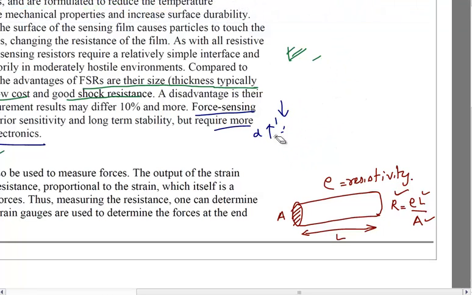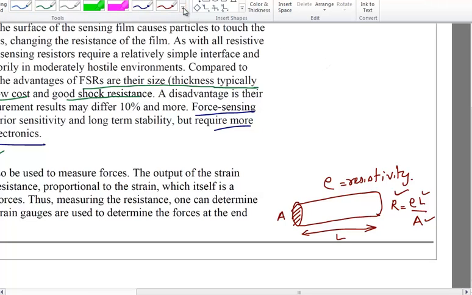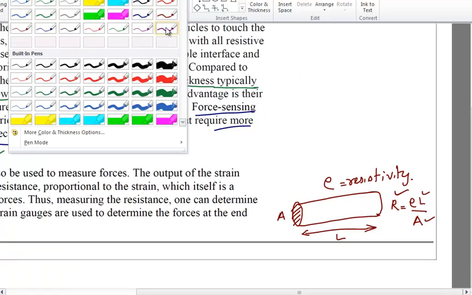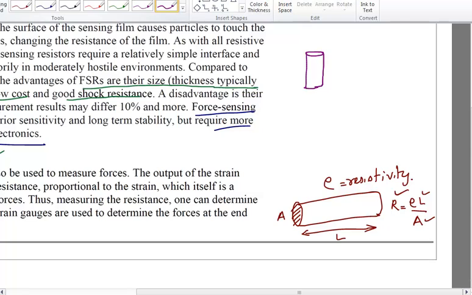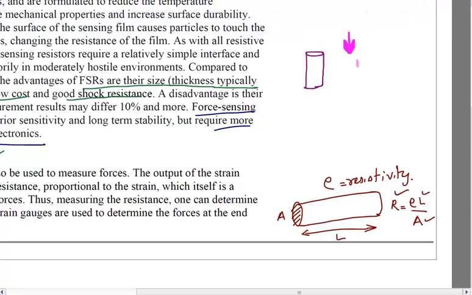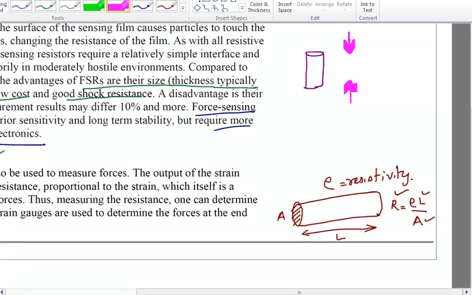A strain gauge is basically a conductor, which I am right now drawing like this. Now, if I am going to compress this, and the material is compressible, sometimes you might think, how can a metal compress so much?